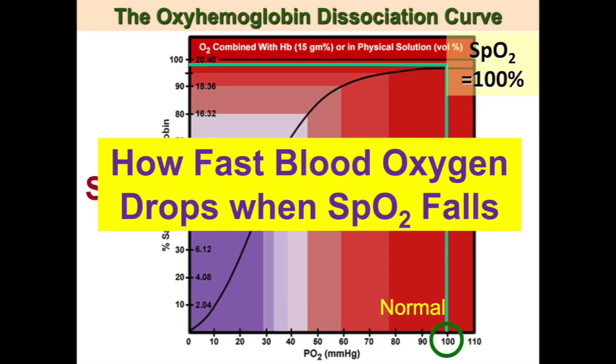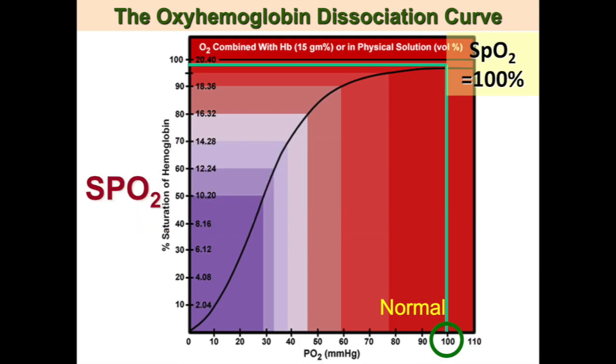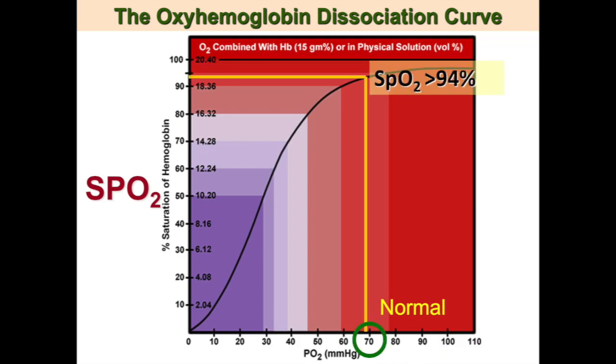And we saw with the oxyhemoglobin dissociation curve how, as we drop the SAT, the amount of oxygen that's in the bloodstream drops very rapidly. The PO2 at the bottom of this graph shows you how rapidly it drops. We went from a SAT of 100 and a PO2 of 100 to a SAT of just 94, and we're at now a PO2 of 70. So make sure you understand that.